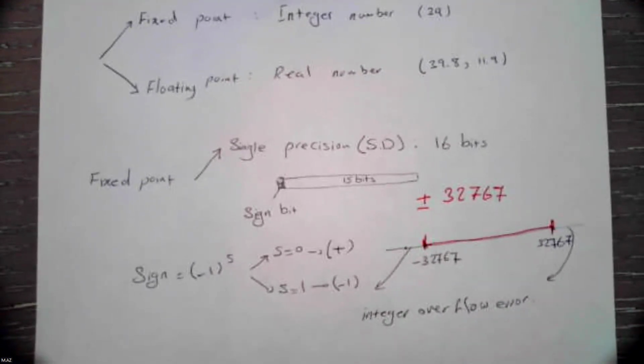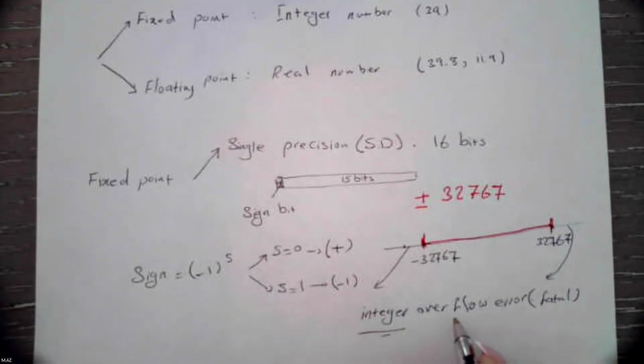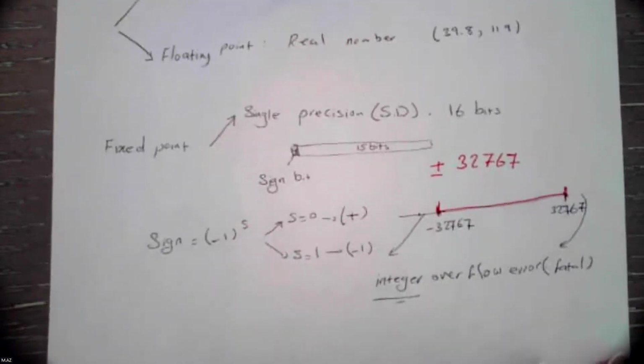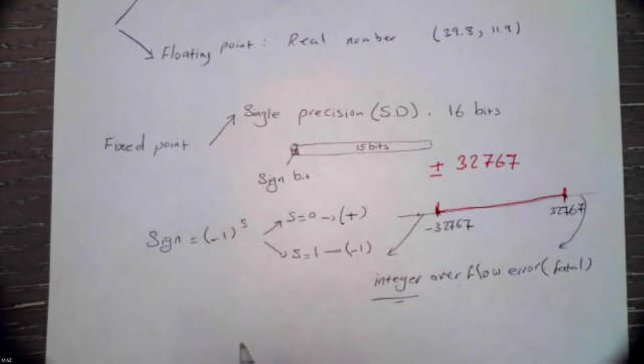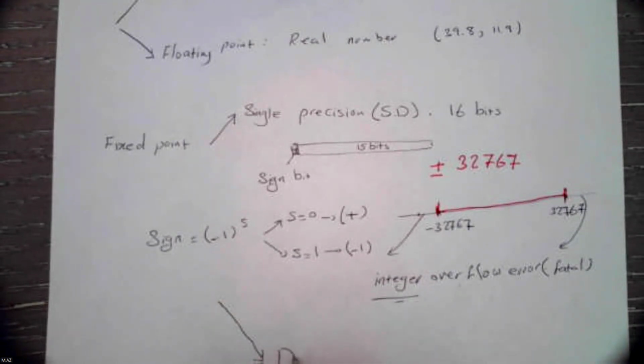This is a fatal error. Again, this is an integer overflow error. What about the next type of fixed point? The next type of fixed point is double precision.